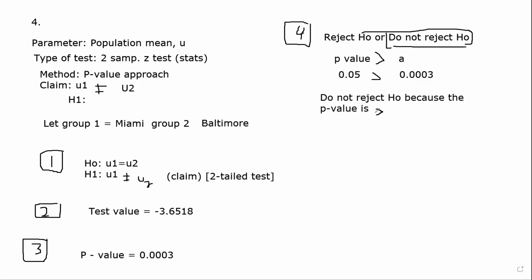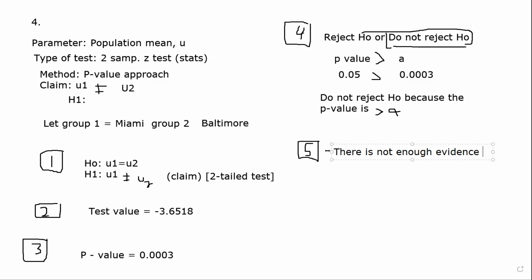When the p-value is greater than alpha, we do not reject the null. Now, if we do not reject the null hypothesis, then step 5, which is our summary statement, is going to be: we did not reject, so there is not enough evidence.